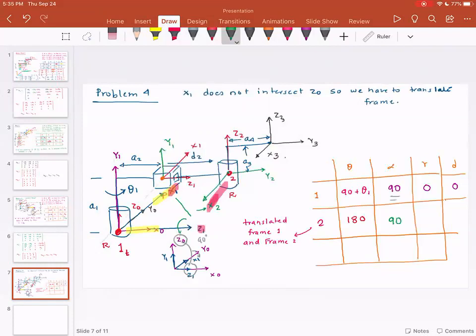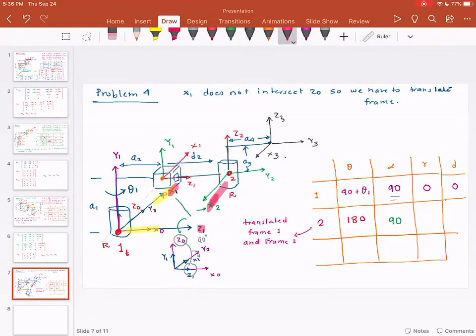Now R is the distance between 1T and frame number 2 along X2. Please note that these two frames are in the same plane, so there is no X2 distance between these two.